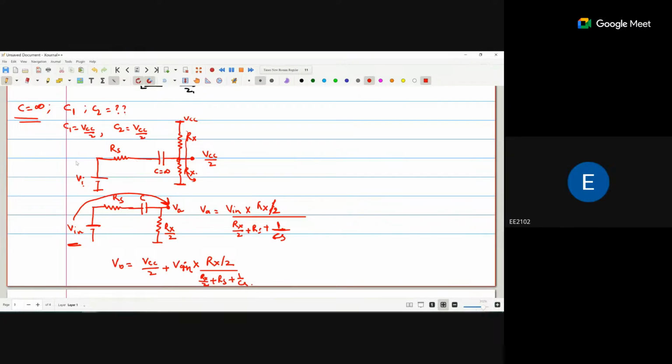For example, this circuit is given: RS, this is grounded, this is the capacitor, this is RX by RX, and this is the RX, VCC, RX, ground. How do we calculate the time constant of this circuit?